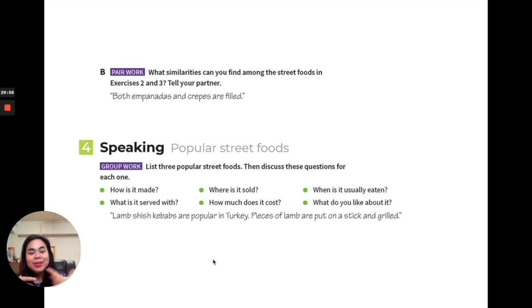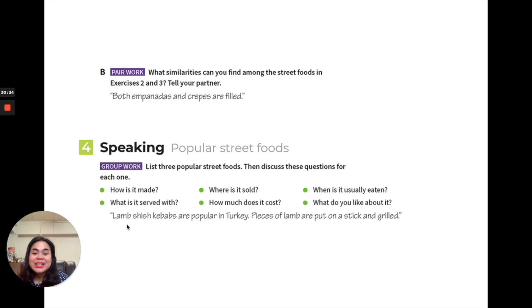Can you name and describe these 3 popular street foods, or it can be your own street food from your own province, okay? How is it made? What is it served with? Where is it sold? How much does it cost? When is it usually eaten? And what do you like about it? Maybe not all of the 6 questions need to be answered, okay? But at least make the other person picture the snacks, okay?